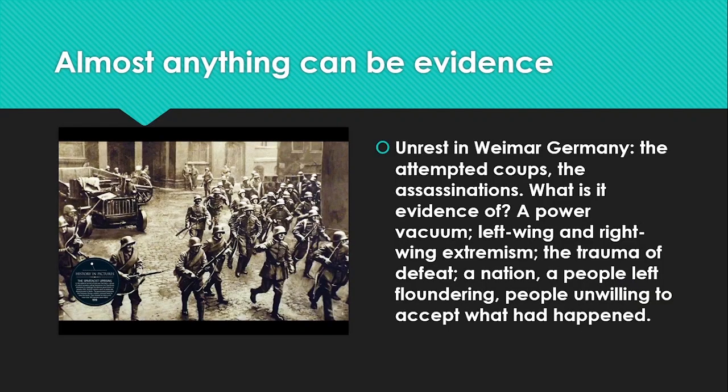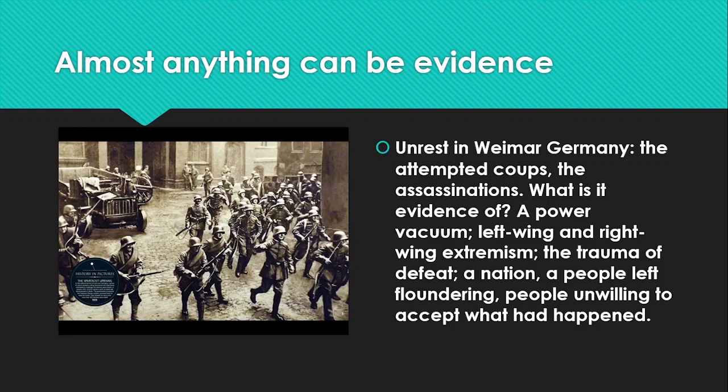Now, I always say that almost anything in history is evidence of something else. Even events are evidence. For example, protests, demonstrations, riots are evidence that people aren't happy about something. Assassinations, for that matter, too. Think about the unrest in Weimar Germany.